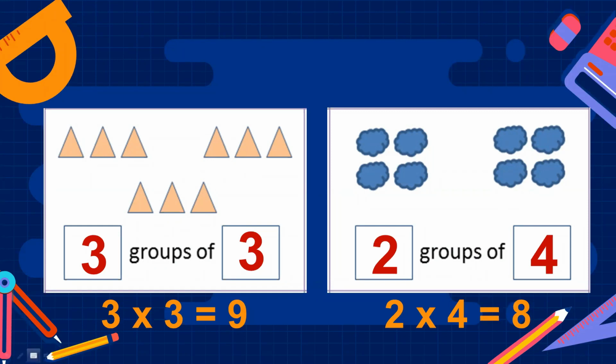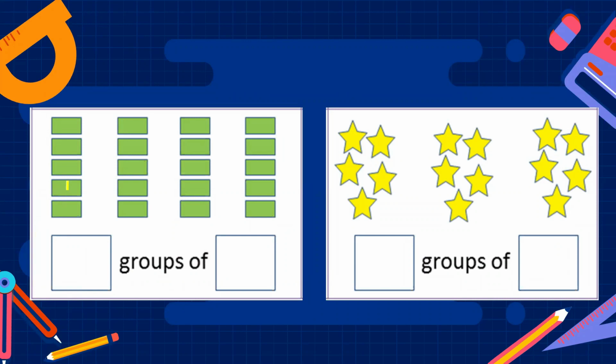Okay? Okay, let's proceed. So how many groups of quadrilaterals are there? Or how many groups of rectangles are there? So we have 1, 2, 3, 4. So we have 4 groups of. Now how many rectangles in each group? Now let us count.